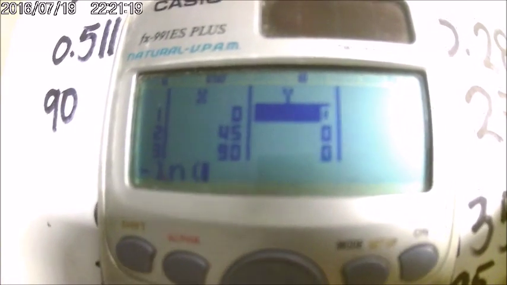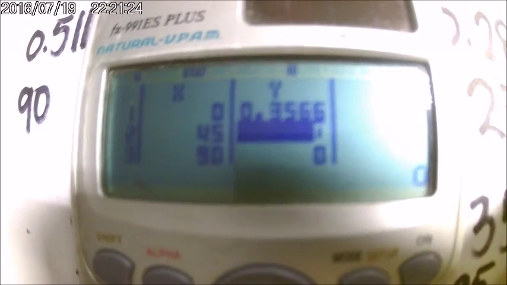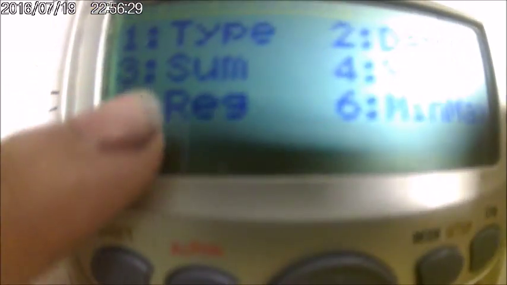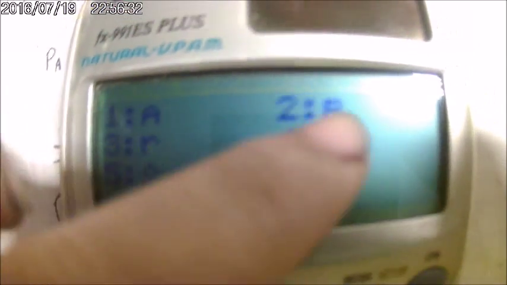Then plot the value of negative ln of (XAE minus XA), which is 0.7, negative ln of 0.159, negative ln of 0.511. After the data input, select red. So this is our slope.